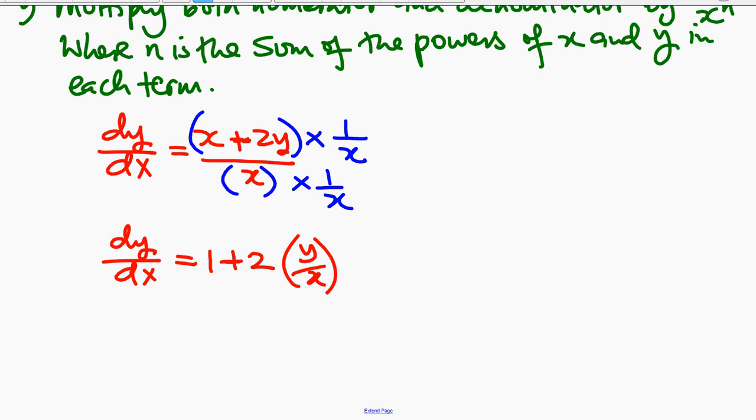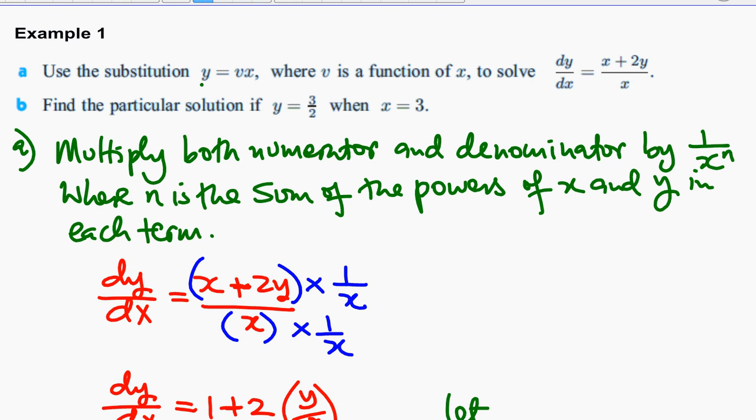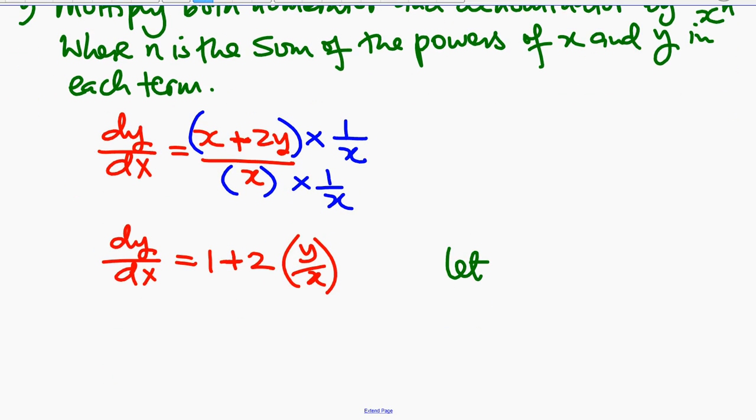So what I'm going to do is say let v be equal to y over x, remember we are using this substitution here. So in place of y over x, I'm going to plug in v.